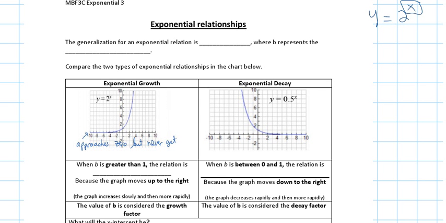So for the generalization of an exponential relation, you have y equals a base, and the base is a number to the power of a letter. This is the simplest form of exponential. We're also going to look later at an equation that looks like y equals an initial value a, and then the base to the power of x.